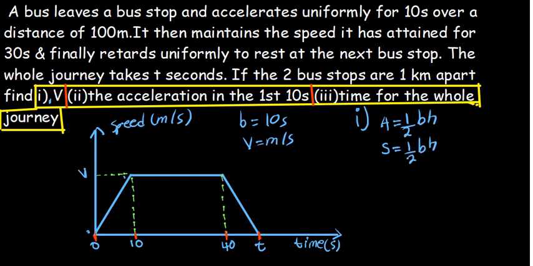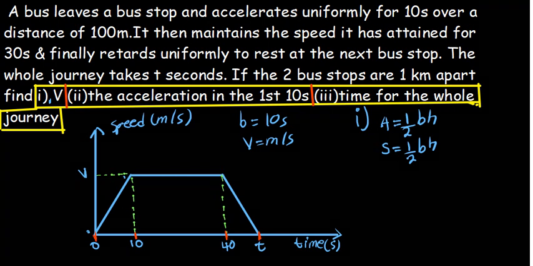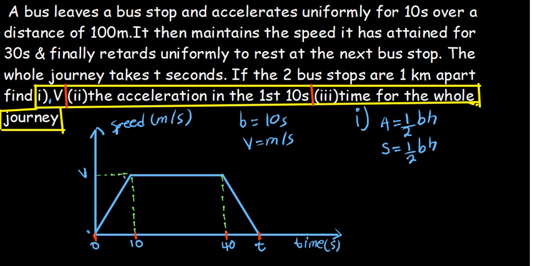Our s in this case is the distance we have. Our breadth is 10, our height is v, but the v, which is our height, is the unknown. Our s has been given as 100 meters from the statement. So 100 meters is equal to 1 over 2 times the breadth, 10 seconds, multiplied by the height, which I don't know, so I'll just say v, because that's what we are looking for.